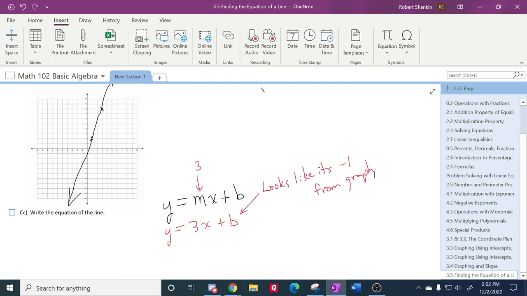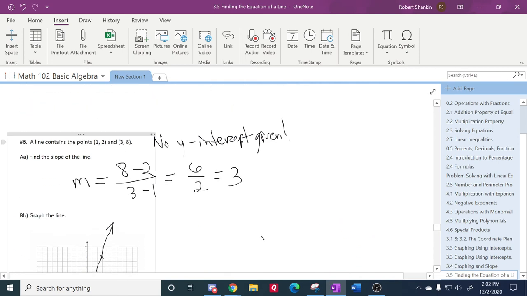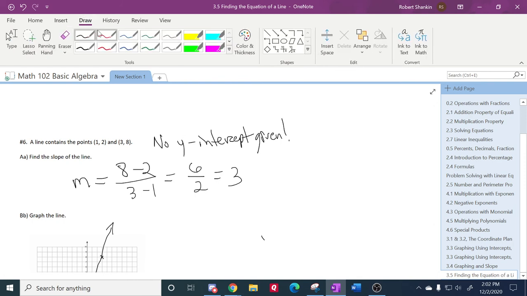So it's this relationship between these two things that's important. When we have specific points, when x is 1, y is 2. When x is 3, y is 8.